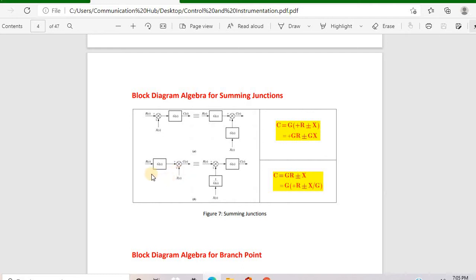Similarly, in the next one, if you have a block here and you want to move it to the front of the summation, when you move it you have to make the division here so that the output remains the same. This means that you can do manipulation, but the main idea is that your output must remain the same in the algebraic relation.